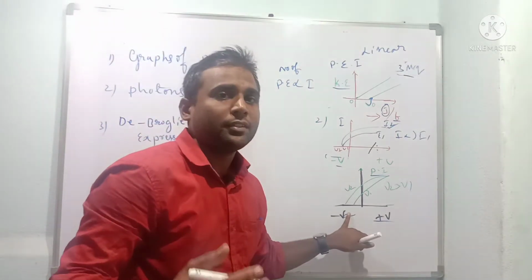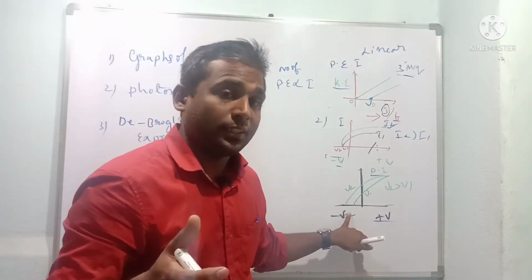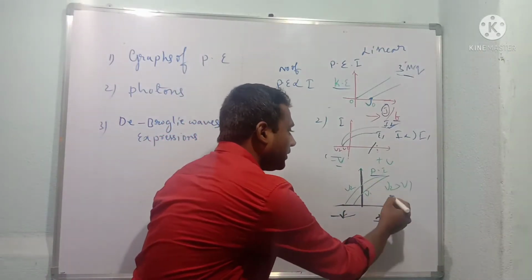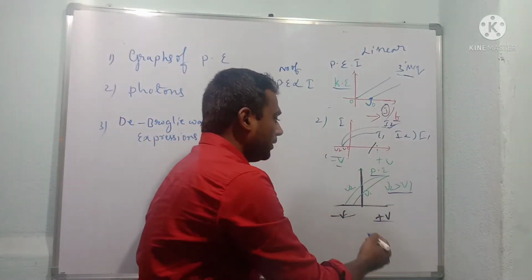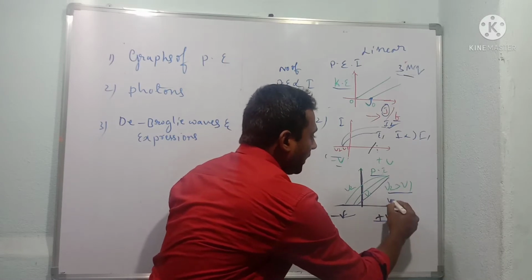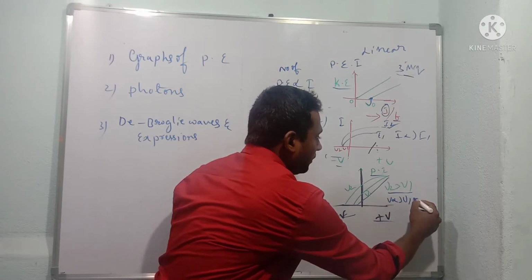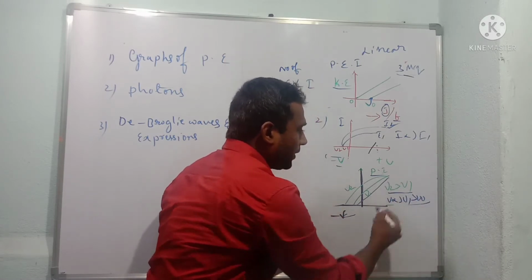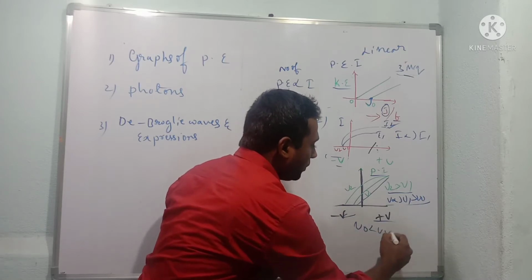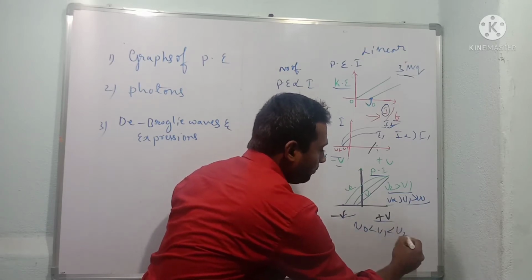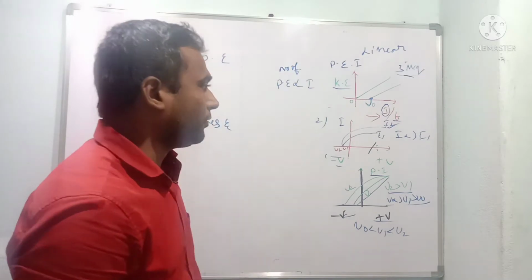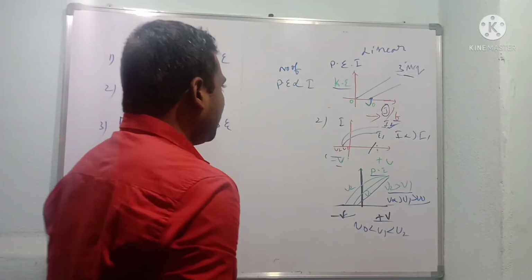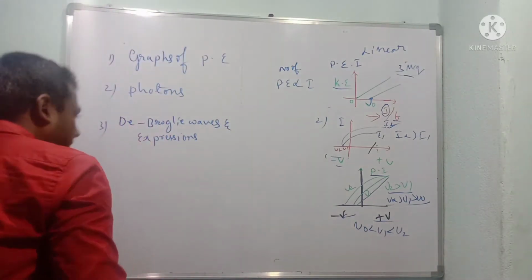So stopping potential is directly proportional to frequency. It means mu2 is greater than mu1. They may give it like that. So you can write mu2 is greater than mu1, mu1 is greater than mu0, or you can write mu0 is less than mu1, mu1 is less than mu2. About this graph.